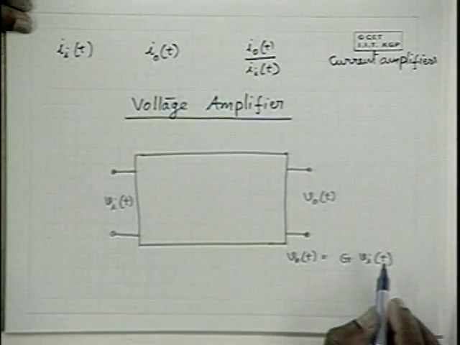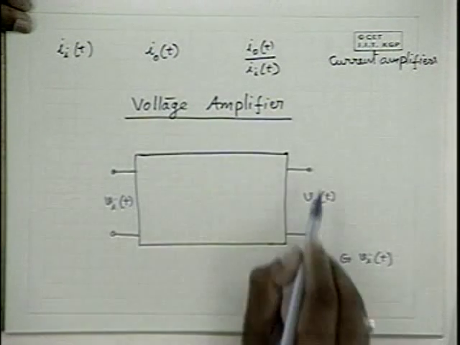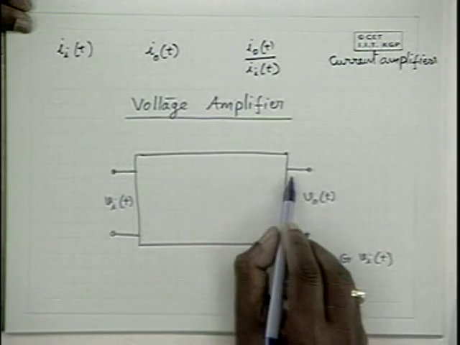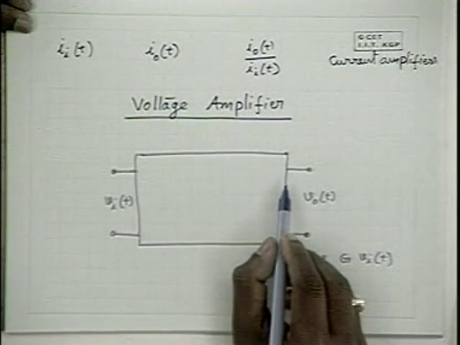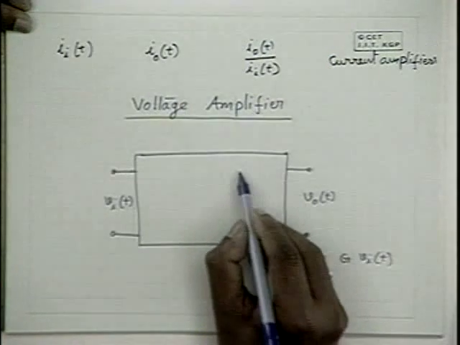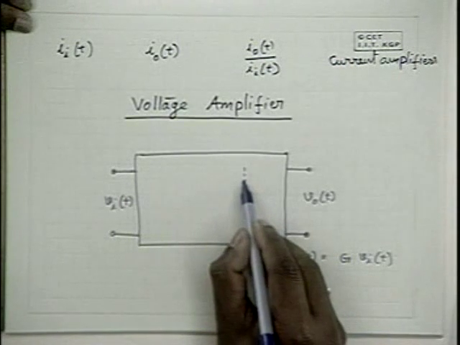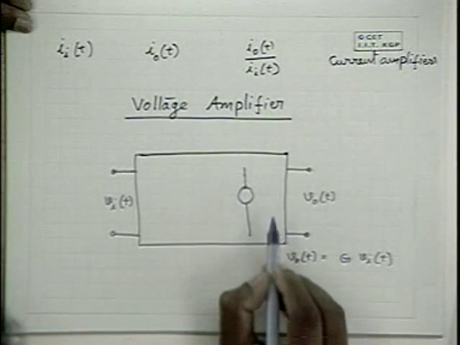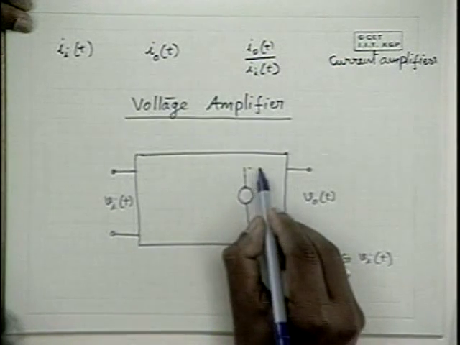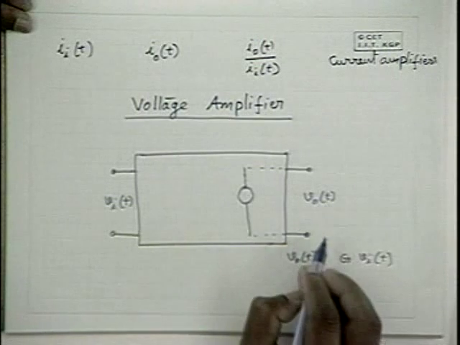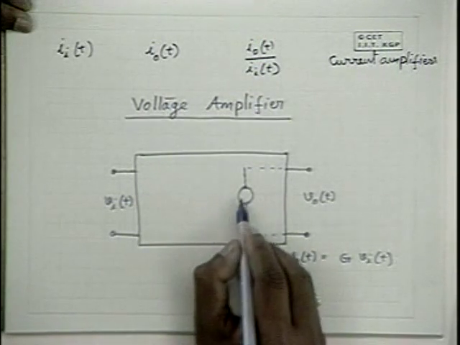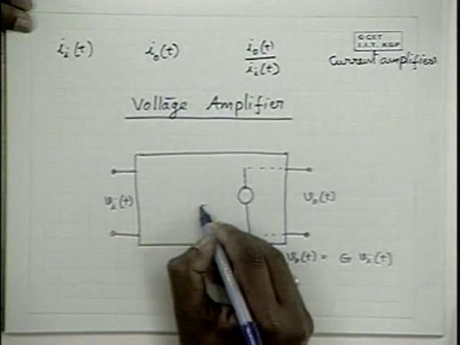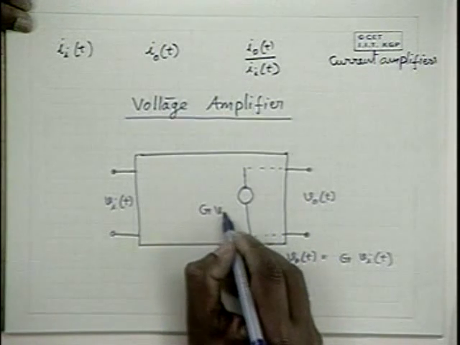So how do you represent this? As far as the output is concerned, it acts like a voltage source with voltage equal to G times VIT. Therefore, in the strict sense, you can model it at the output as a voltage source with the voltage source amplitude as G times VIT.